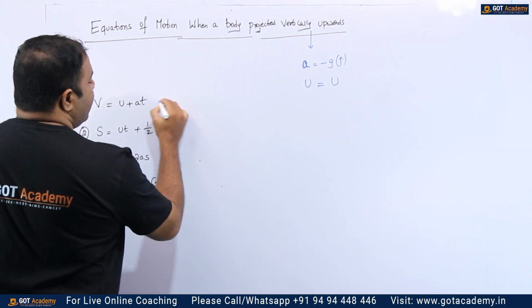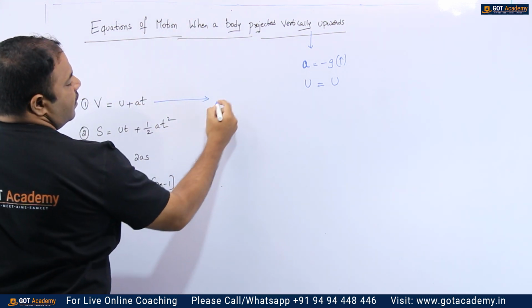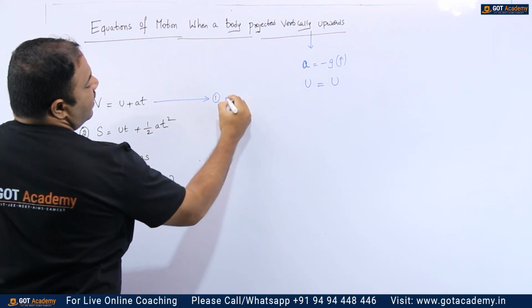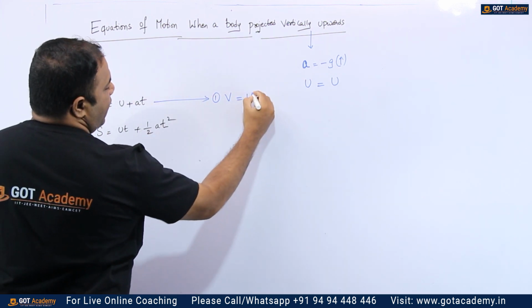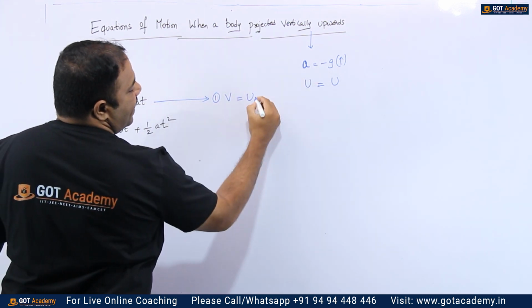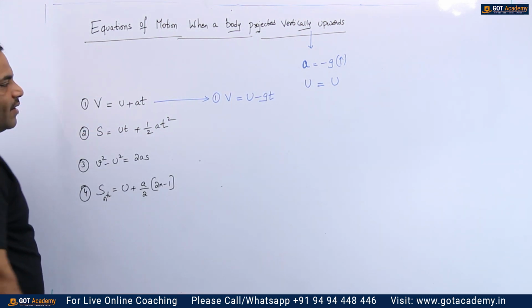So, let us see how the equations change for a body projected vertically upwards. The equation number 1: V is equal to, in place of U, U only, and in place of A, you are writing minus g into t. Like this, you got equation number 1.